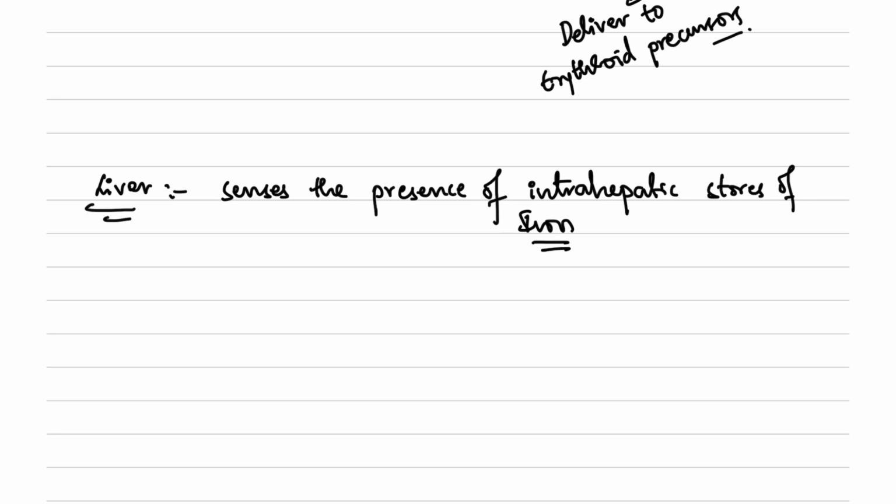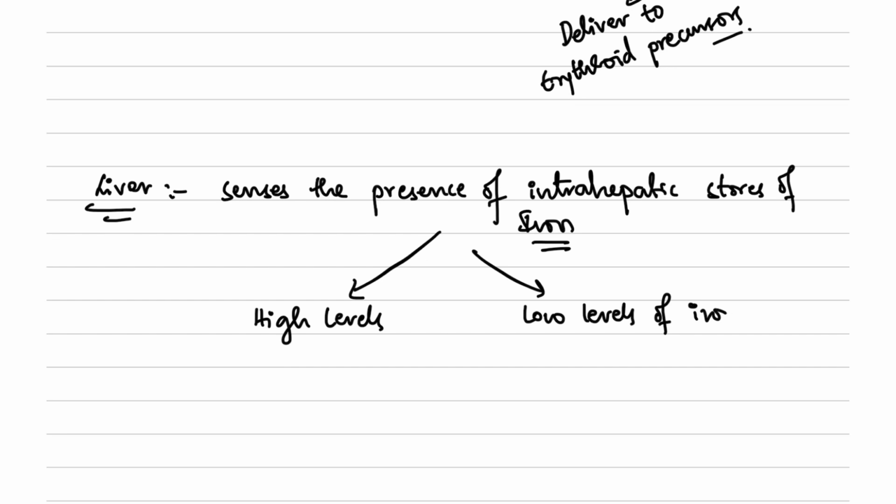Now, when liver finds out that there are very high levels of iron, or it may be that liver has very low levels of iron. Okay. Whenever there are high levels of iron, this will start inhibiting hepcidin synthesis.